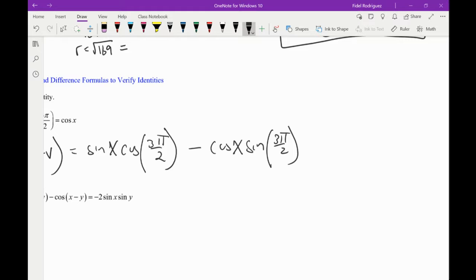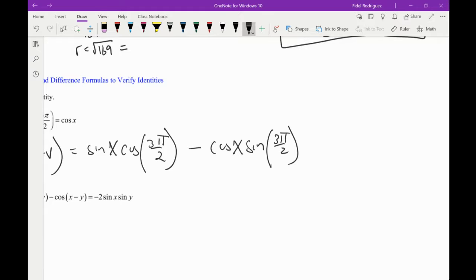So the cosine involves what value, the x or the y? Cosine, again, the x, right? What's the cosine of 3 pi over 2? You said the coordinates at this point were 0 and -1. What's the cosine of 3 pi over 2 then? It's the x value. 0, right? The cosine down here, guys, is going to be 0.